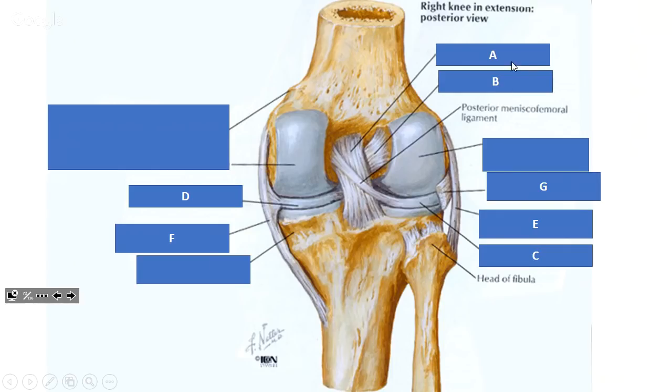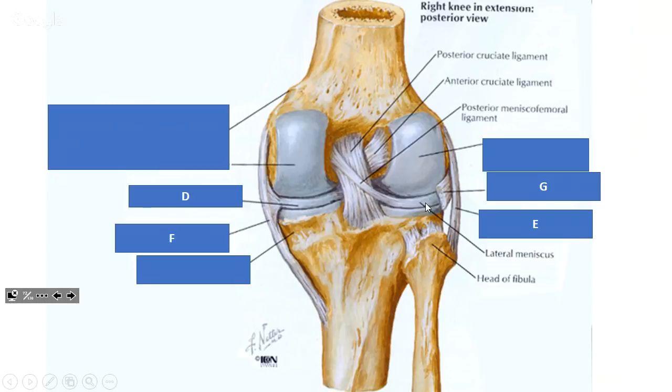So a few other structures. This is from Netter's. A is the PCL. So this one must be the ACL. And C. Remember the fibula is lateral, so it's the lateral meniscus.